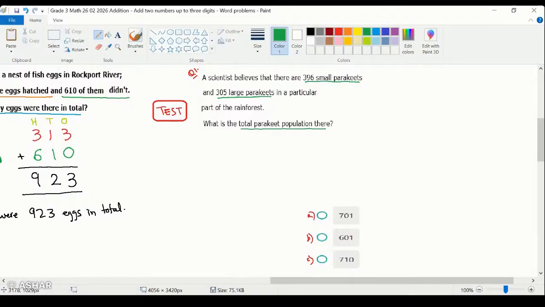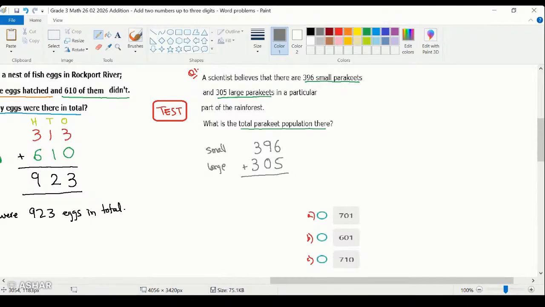So what we need to do is add them together. Small 396 and the large were 305. Okay.